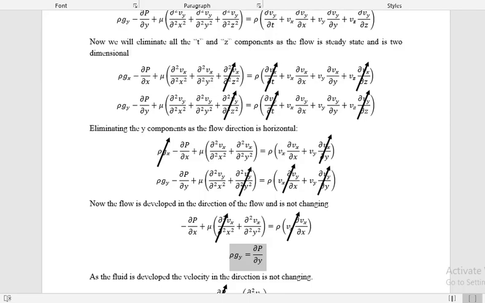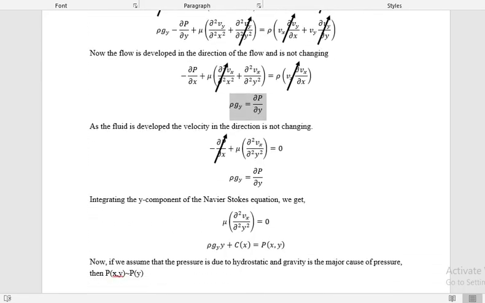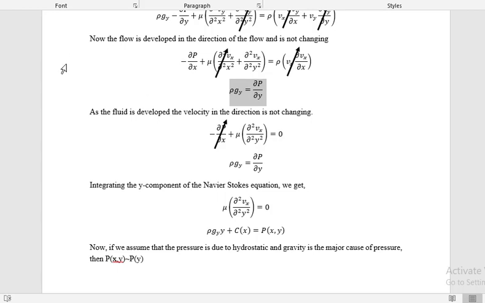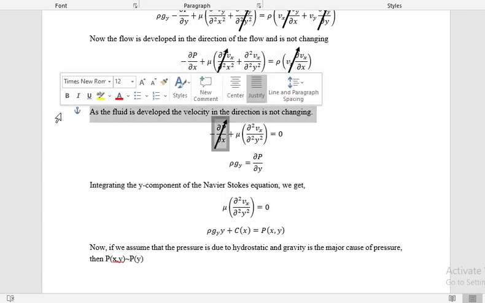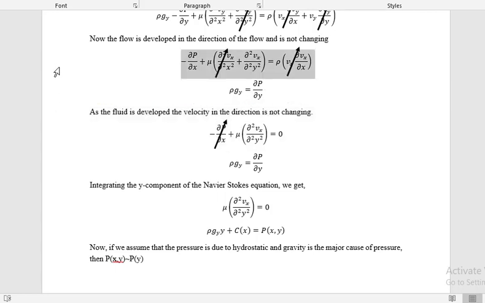We are simultaneously solving the equations along x and y. After that, since the fluid is fully developed and the velocity component is not changing, we get this equation and this equation after eliminating the terms, and this equation will be written as it is here.